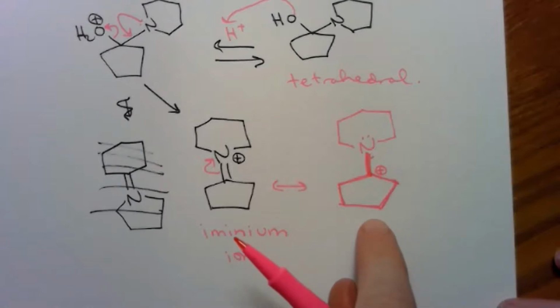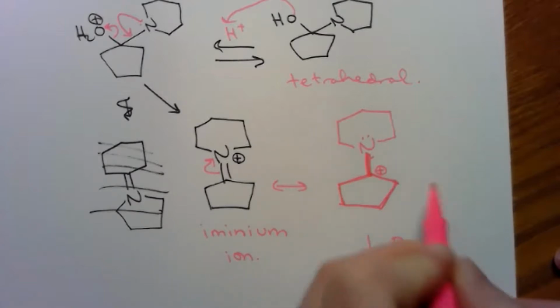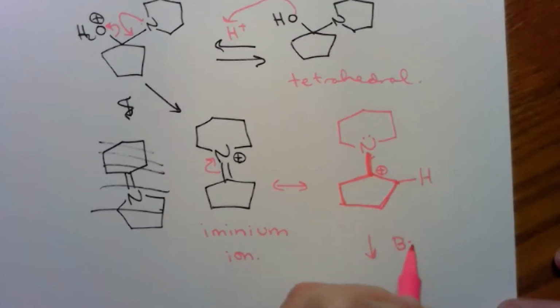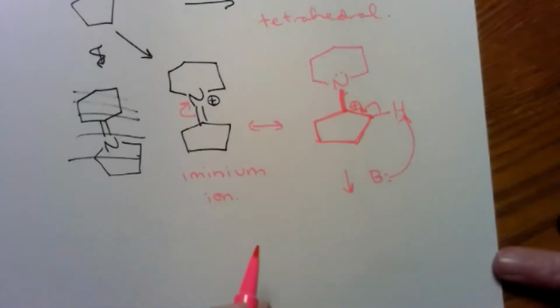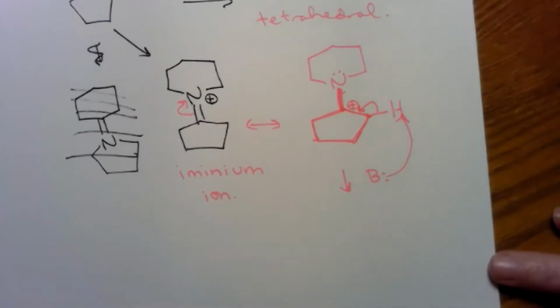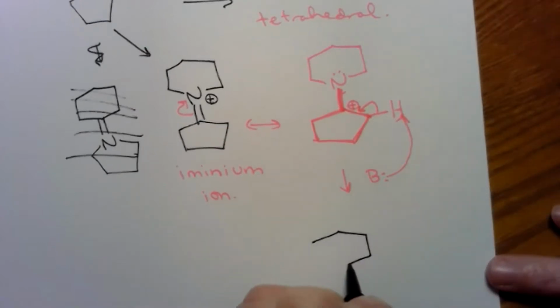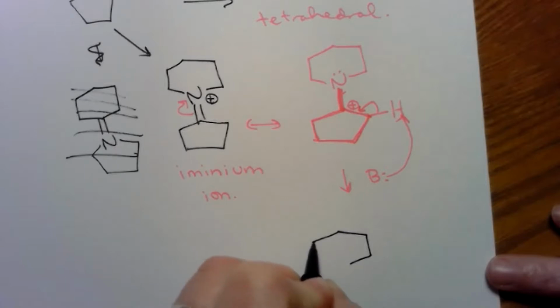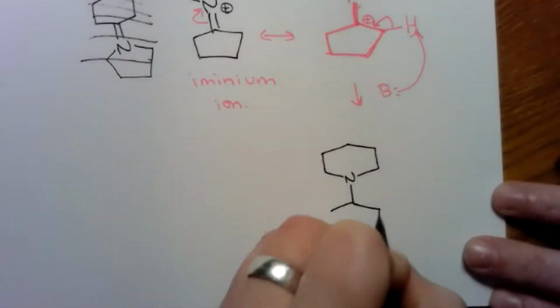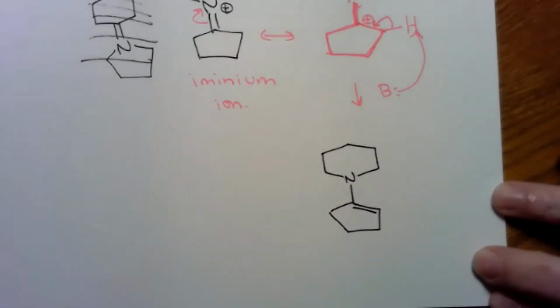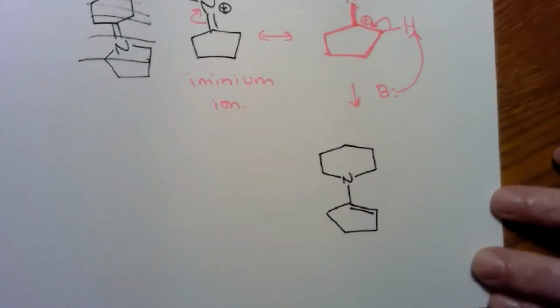So how do I make a final product where everything is neutral? Some base eliminates a hydrogen from a neighboring carbon to give me my final product. Eliminate a hydrogen from a neighboring carbon, and you get this.